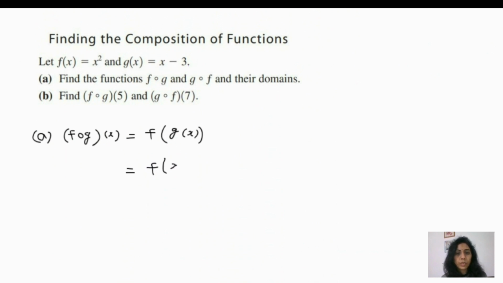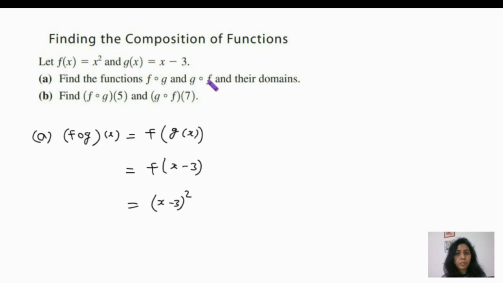So we can put x minus 3, and f(x) is x square. So f(x minus 3): here we substitute x minus 3, so this is (x minus 3) whole square. And this is the answer for (f o g)(x), this composite function of f and g.